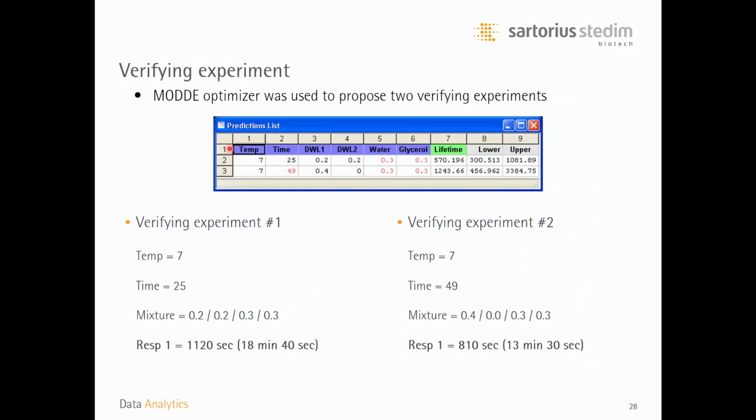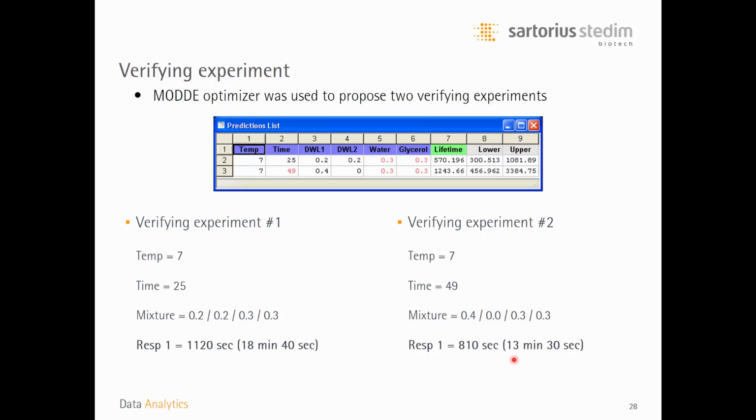Beyond the trilinear contour plot, we can also use the optimizer of the MODDE software, trying to propose verifying experiments. And we will see the optimizer come into play in the demo shortly. So the MODDE optimizer was used to propose 2 verifying experiments. And when performing these verifying experiments in reality, we measured one lifetime of 18 minutes and 40 seconds.